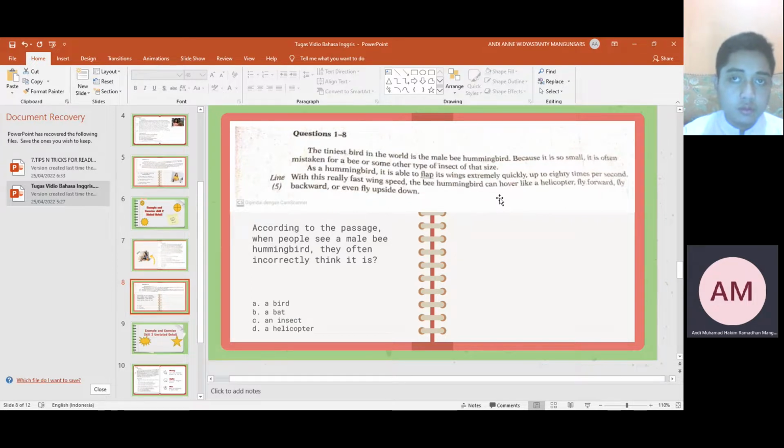We must not imply it in the passage. The answer is an insect. Why? Because an insect is not implied in the passage. Okay, that's the answer.